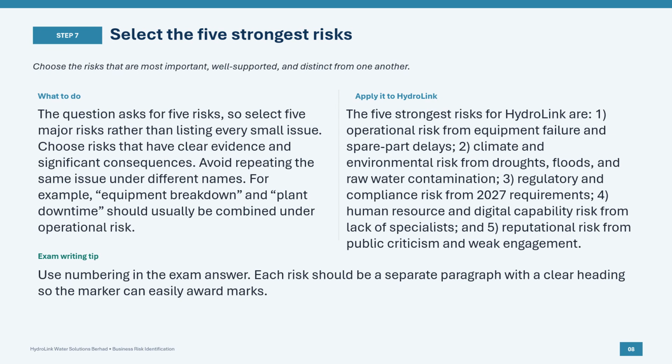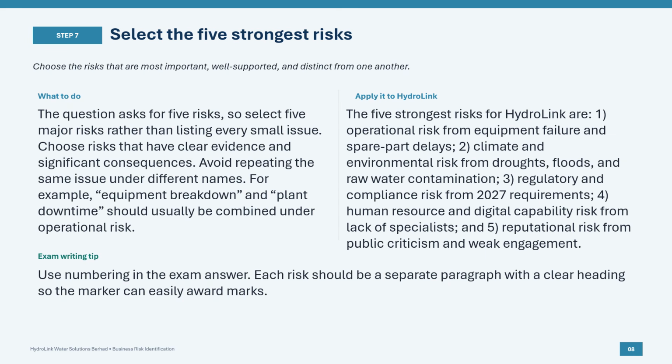Step 7: select the 5 strongest risks. The question asks for 5 risks only, so you select 5 major risks rather than list those that are not important. Avoid repeating the same issue under a different name. For example, equipment breakdown and plant downtime should usually be combined under operational risk.